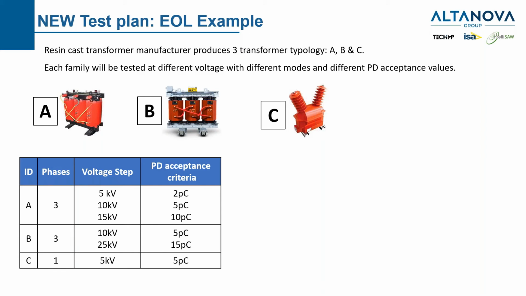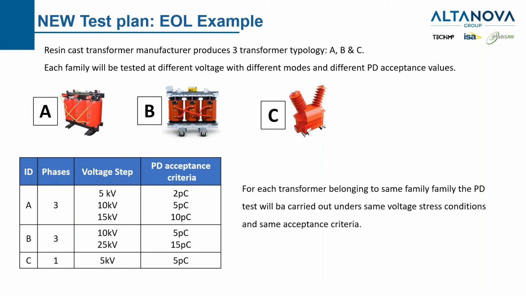And type C is a single-phase transformer with a different voltage step for the test and a different PD acceptance criteria. So for each transformer, we will have a standard test. Whatever product of the family A will always follow 3 steps with those acceptance criteria. Same thing for B and C.